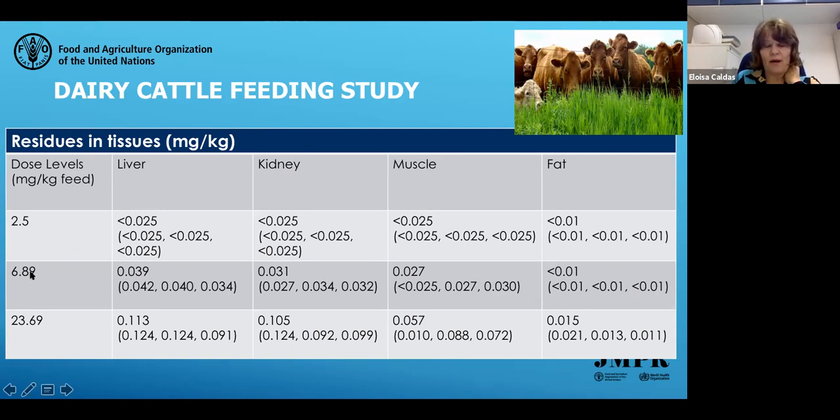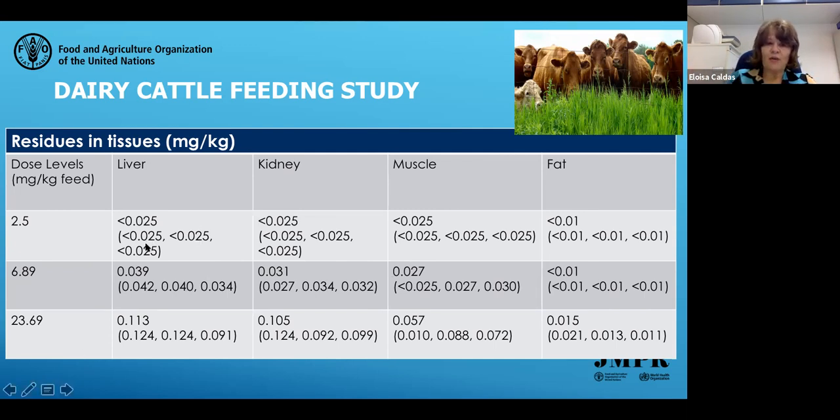At a slightly higher level, they found some residue. This is the median value at the top, and these are the individual values for each cow. Normally, for big animals such as cows, they use only three animals.